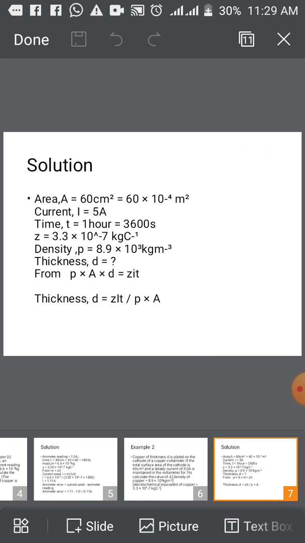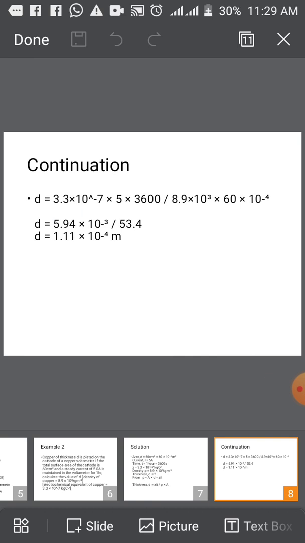From the equation, rho times A times D is equal to Z times I times T, making D the subject of the formula will give us Z multiplied by I multiplied by T divided by rho times A. Now substituting the values, we're going to have 3.3 times 10 raised to the power minus 7 multiplied by 5 multiplied by 3,600 and divided by the product of 8.9 times 10 raised to the power 3 and 60 times 10 raised to the power minus 4.